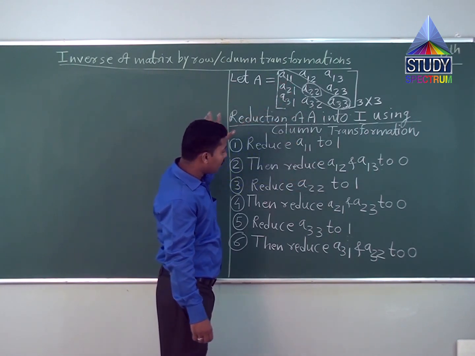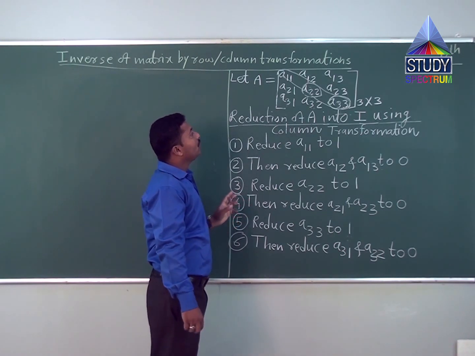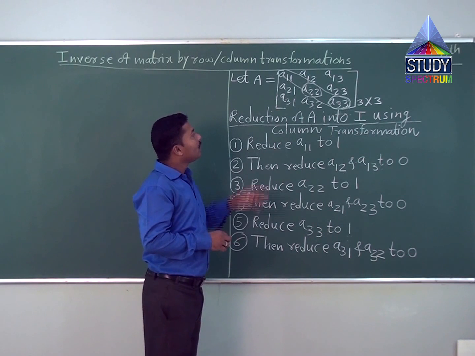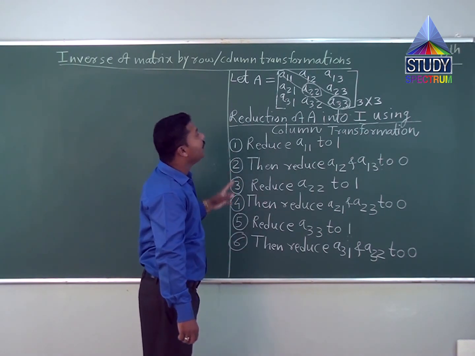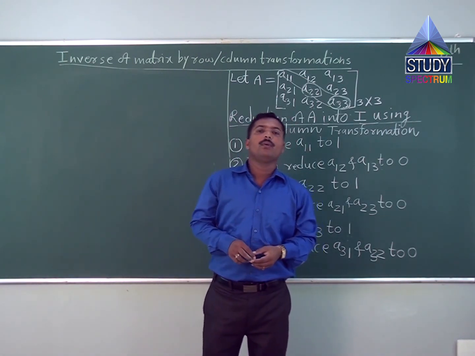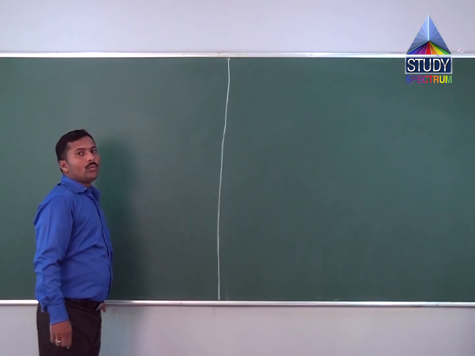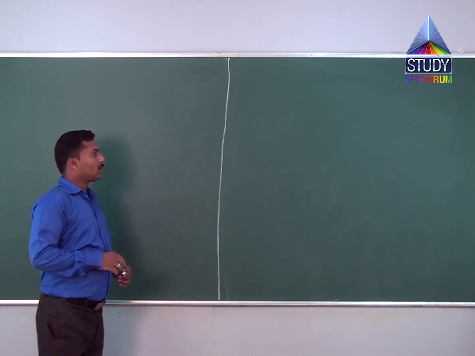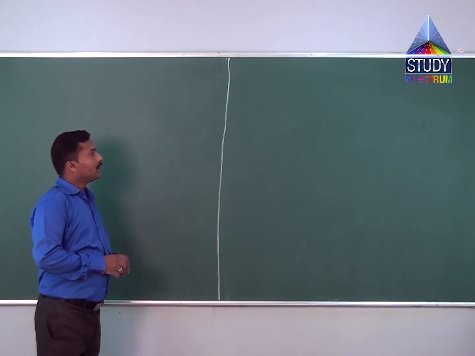In this manner, by using all this procedure, we convert the given square matrix into an identity matrix, and by using the identity matrix we can find the inverse of the matrix. So we discuss the next part of this chapter, which is based on the inverse of matrix.